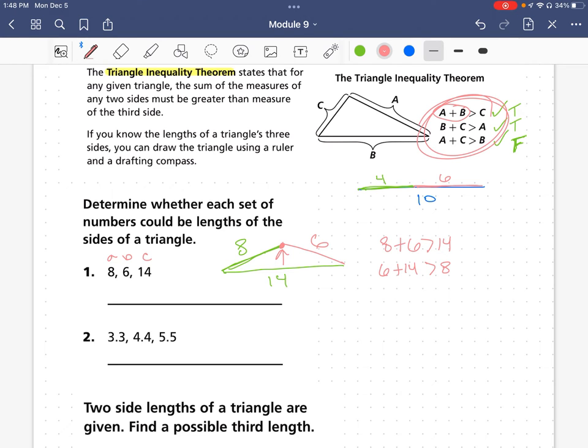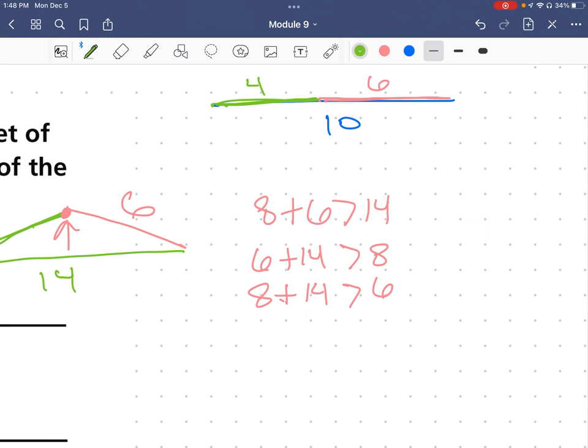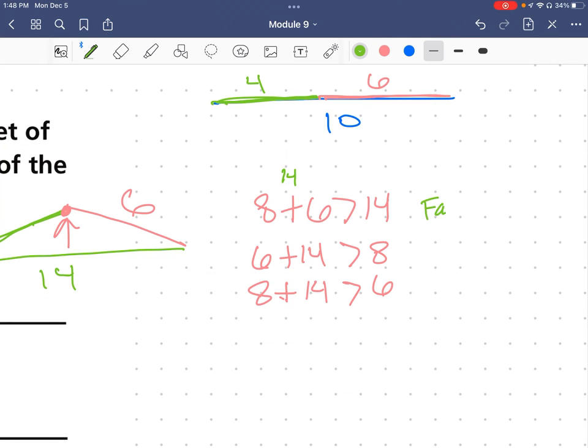And then A plus C, is that greater than B? So let's look through each of these lines. Is 14 greater than 14? Not greater than or equal to. Greater? No, it is not. This line here is false.